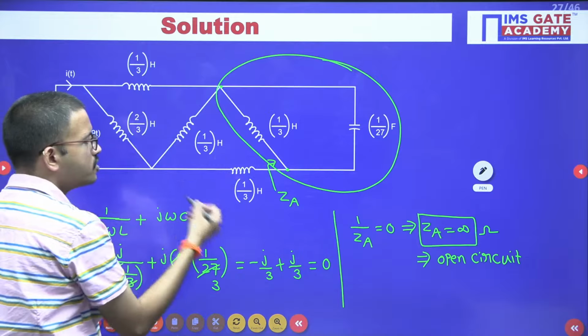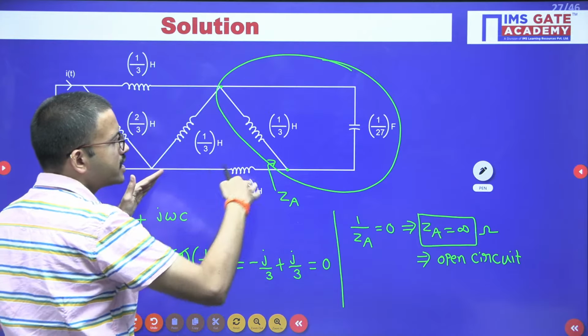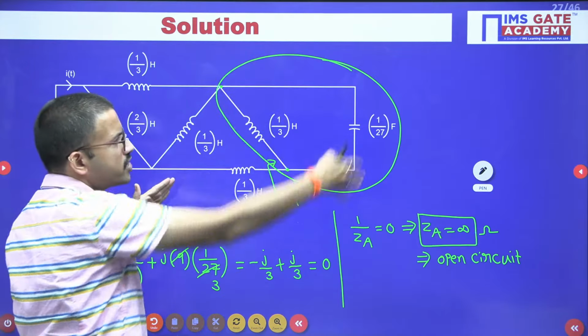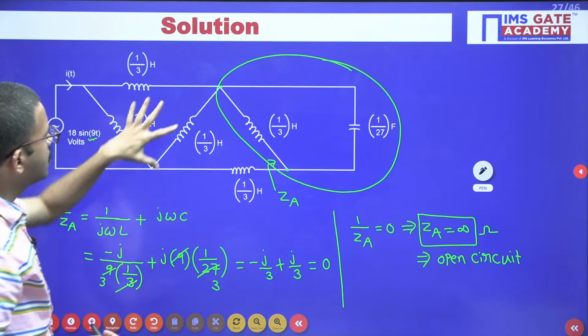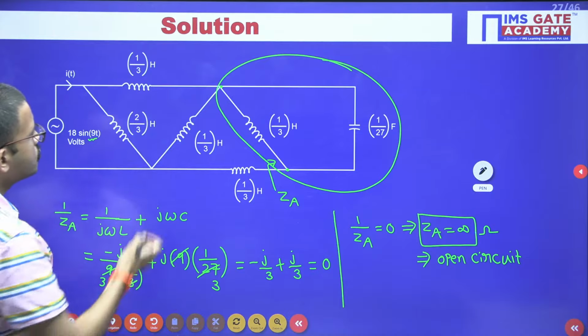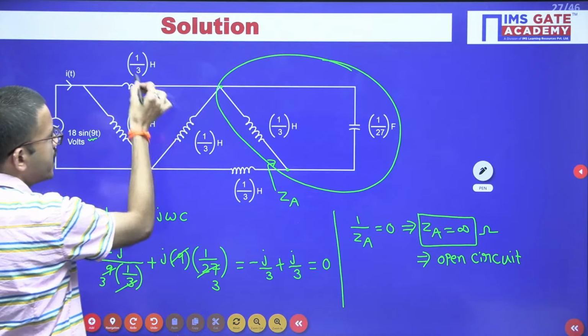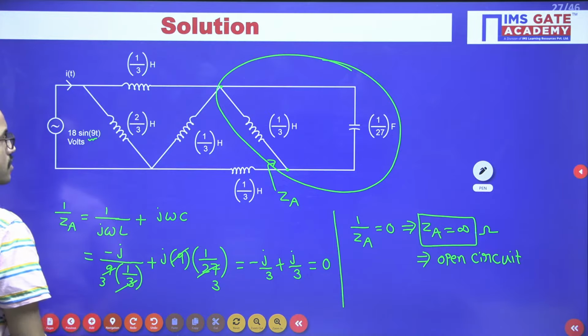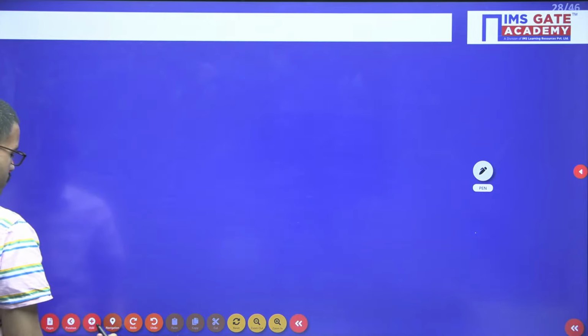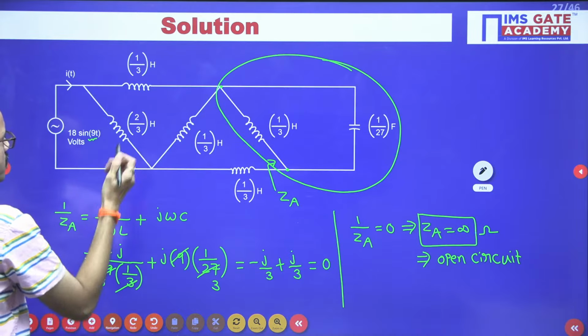Now after that if you observe, you are having one inductor. There is no connection here because this part you kept open, so you can ignore this particular branch. Now if you observe these two, they are connected in series. For the time being, I am drawing the part of the circuit.